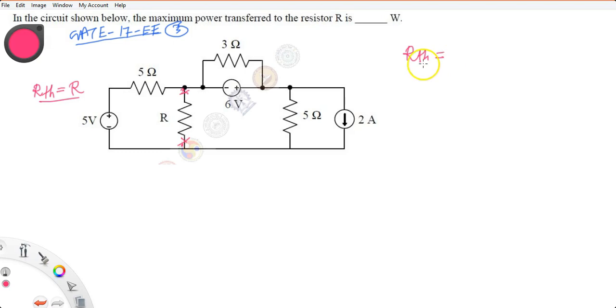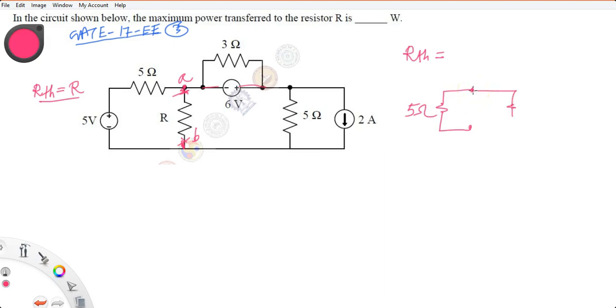So for RTH, you are cutting here, so in this terminal you will find the RTH. This will be your short. So ultimately the circuit has this 5 ohm. Let me designate A and B here. 5 ohm, and you know this is short, so short as it is.